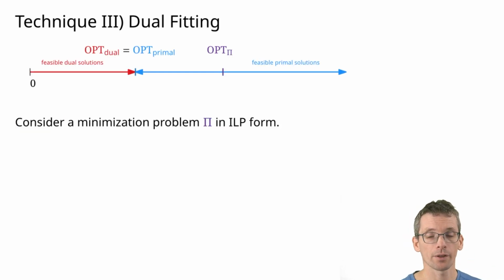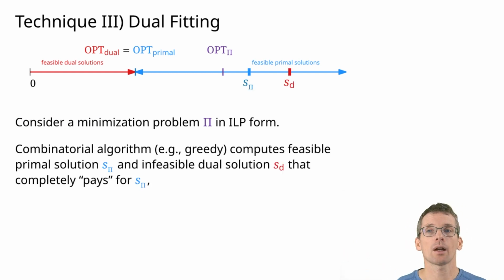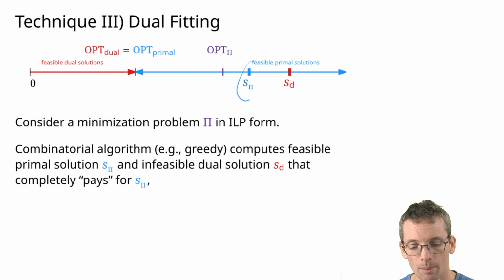So the dual fitting, abstractly speaking, does the following. Again, let's say we have a minimization problem and we have some combinatorial algorithm for this problem, which generates us a feasible primal solution.